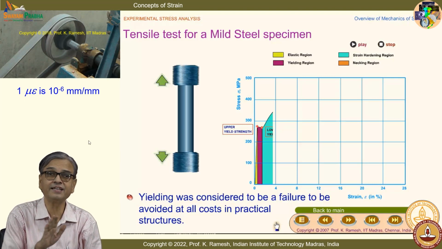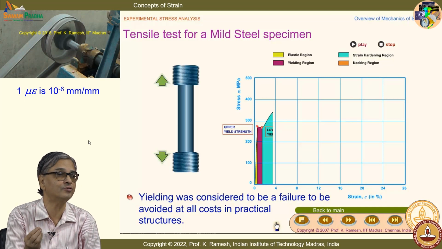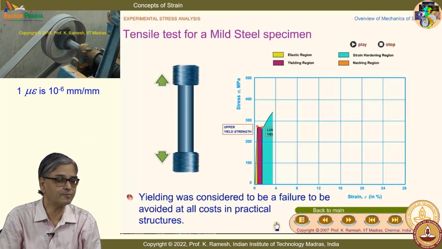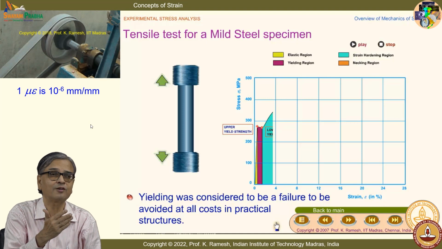And we have already seen that the maximum deformation is limited to 0.1% strain. 0.1% translates, in terms of microstrain, which is defined as 10 power minus 6 millimeter per millimeter, to 1000 microstrain. 1000 microstrain is the maximum level of strain permissible in most practical structures. You never touch 1000 microstrain.